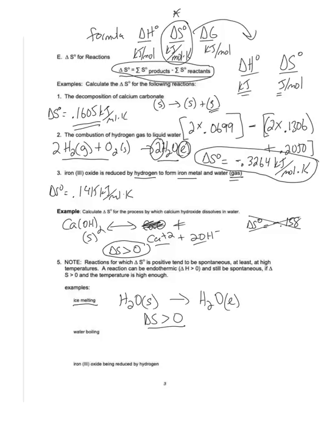Now, does this happen naturally or spontaneously? That has to factor in other situations, mainly temperature. Because when we look at the enthalpy of the reaction, we know that when we melt things, it is an endothermic process. When we have an endothermic process, this is not thermodynamically favorable, but the entropy is.